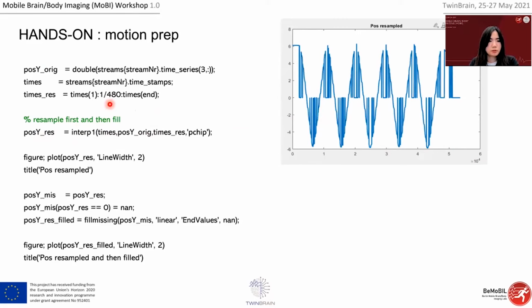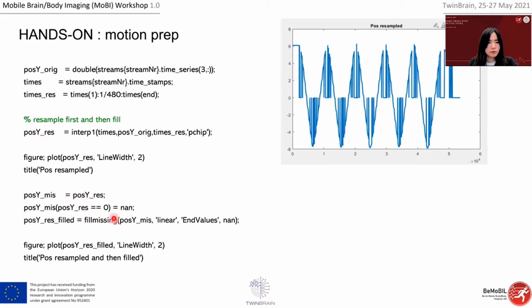Once you do this, you can plot it and you don't really notice the difference, because it's just resampled from 480.5 to 480 or something like this. It's not a noticeable difference. But now you try to remove occlusion artifacts by first detecting all the samples that are represented as zeros and replacing them with NaNs.